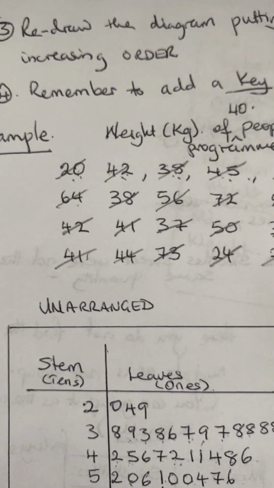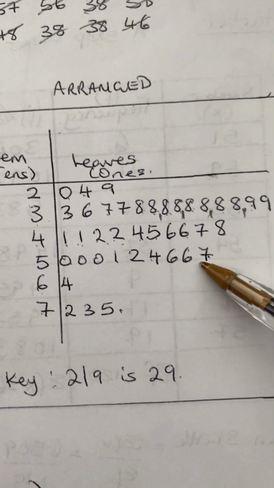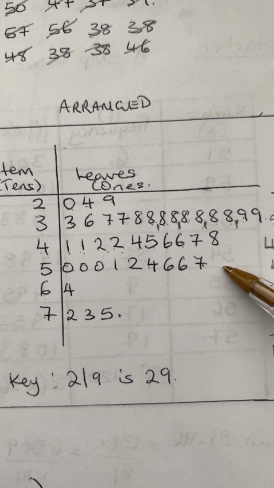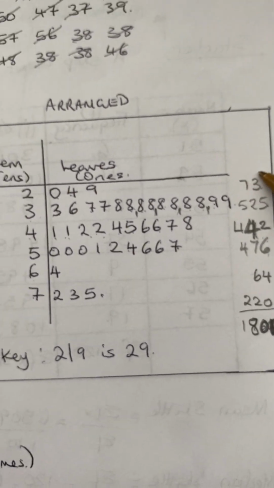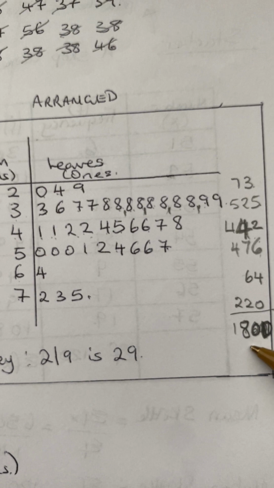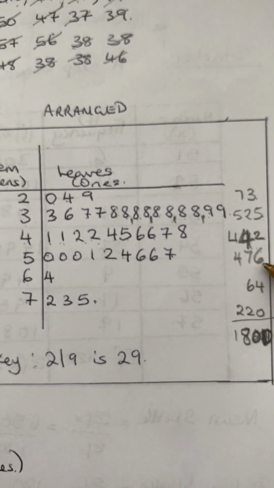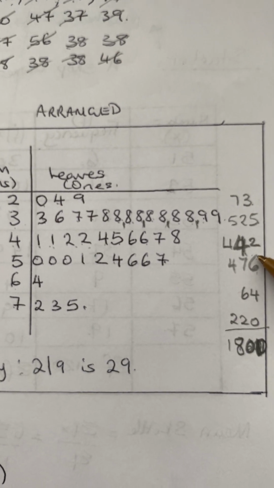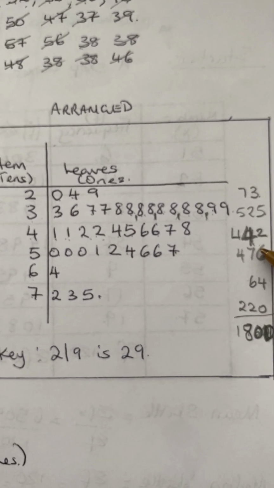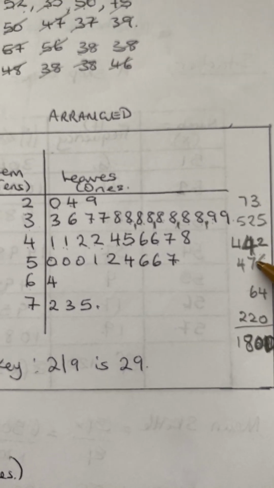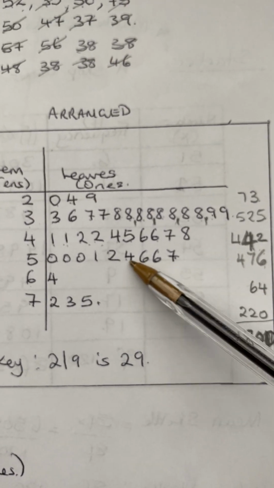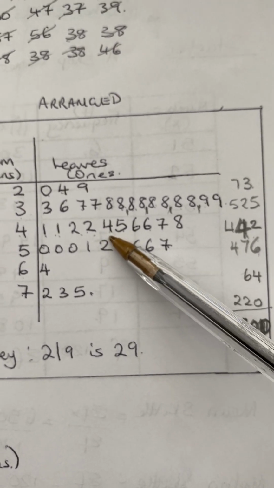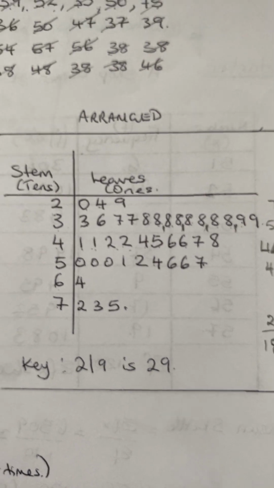Assuming you did your stem and leaf diagram right, then this will be the easiest to do. And sometimes they might not even ask you to find the mean on a stem and leaf diagram question. They might just ask you to find the median, range, and mode.